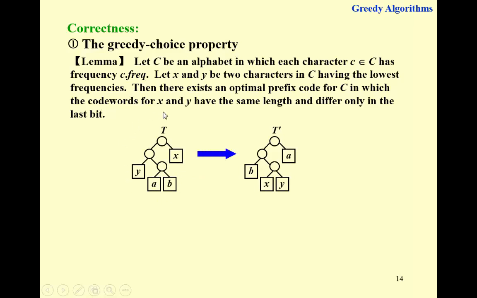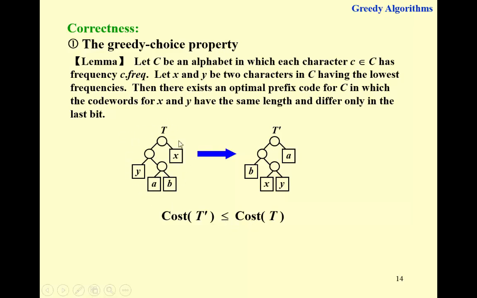Say, if there is one optimal solution in which X and Y are not placed at the bottom, then we can always replace those characters and put these 2 characters at the bottom. And we need to prove that this must be another optimal solution. That is to prove that the cost of this tree must be bounded above, be no more than the cost of this tree.